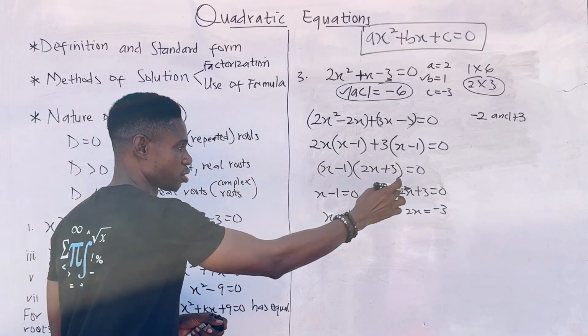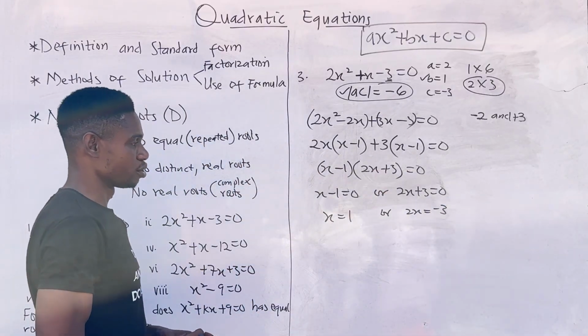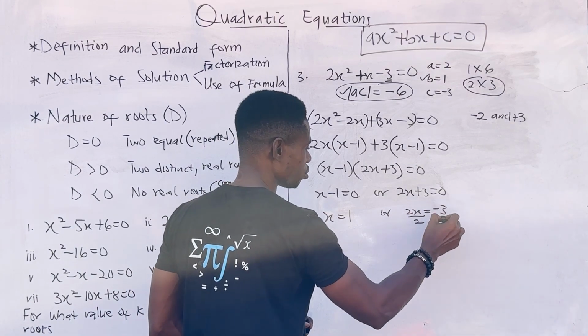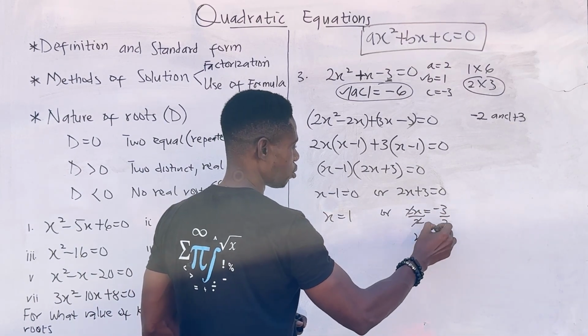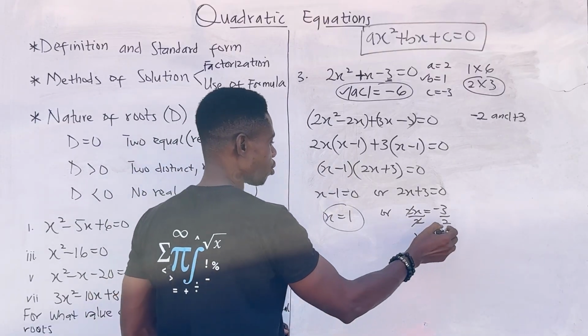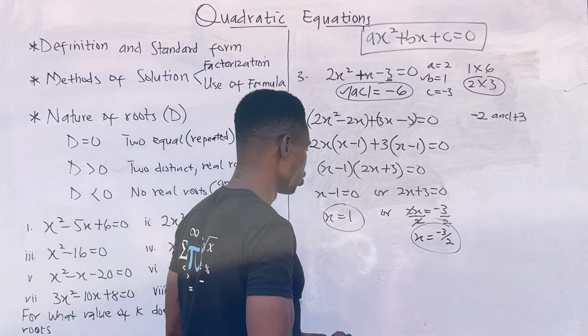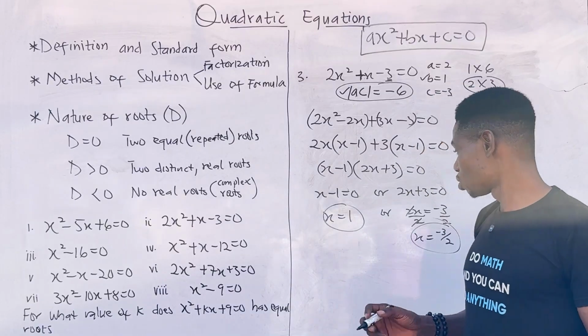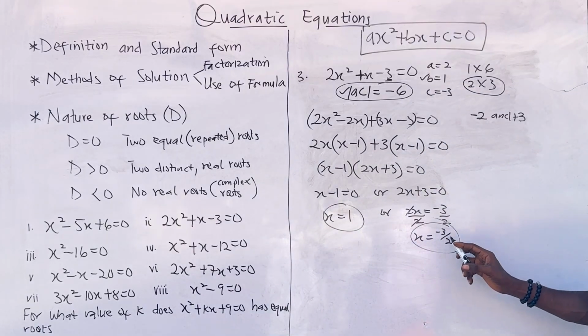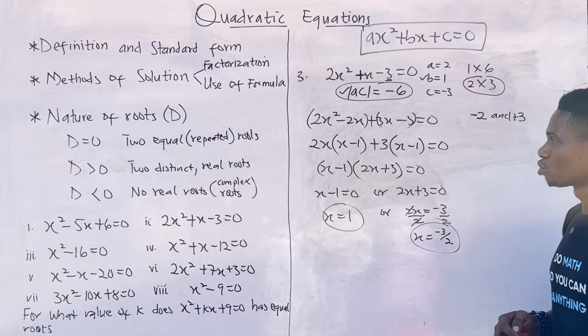I'm taking the plus 3 to the other side, so it's minus 3. So we can easily divide both sides by 2, so that x equal to minus 3 over 2. So these are the roots of this equation. So our x is equal to positive 1, or x equals minus 3 over 2.